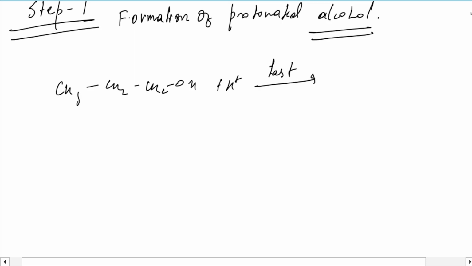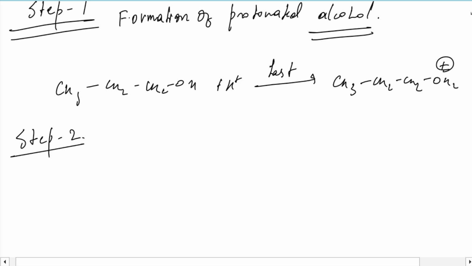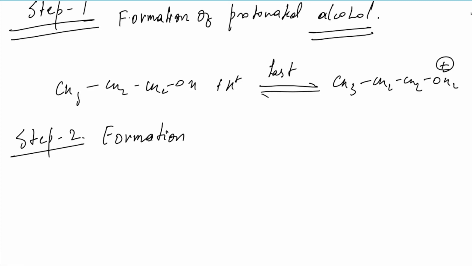This will be a fast step and it will yield CH3CH2CH2OH2 positive. Then step 2, that's formation of carbocation. We can put an equilibrium sign here.